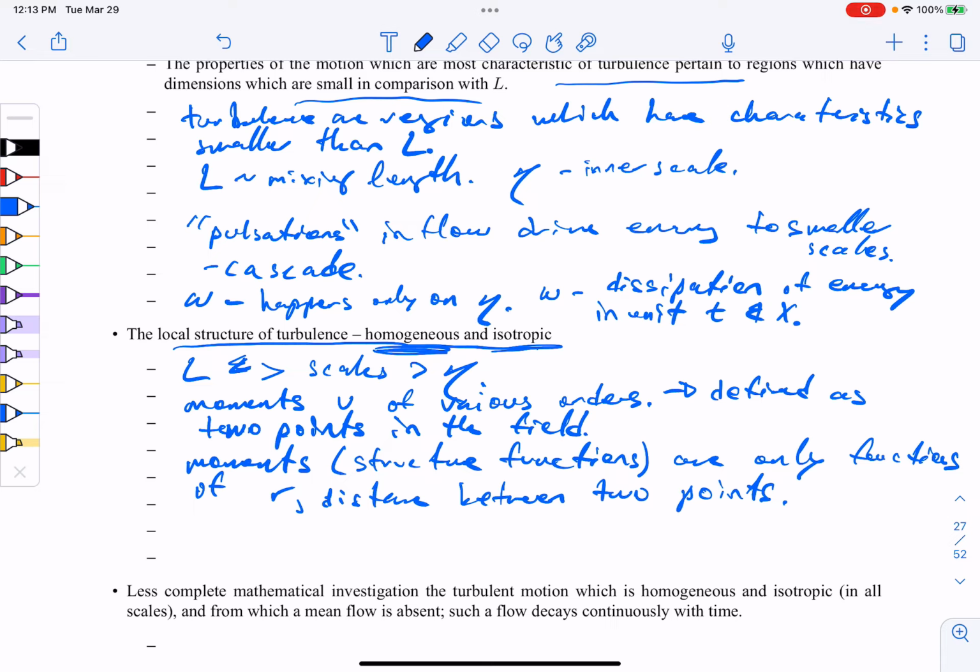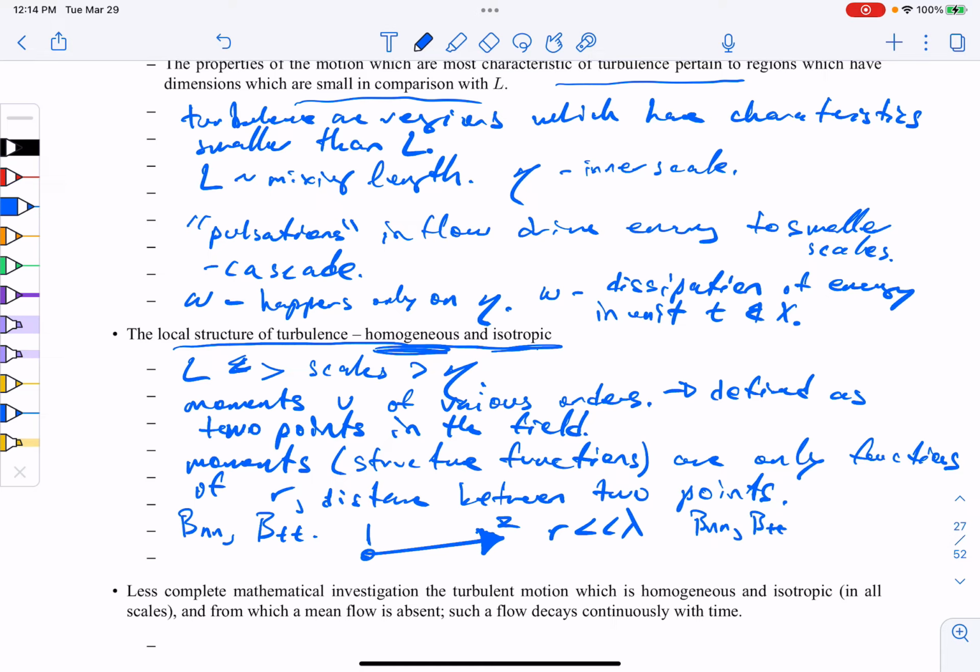And these moments, there's really 2 that are unique. One, Kolmogorov writes as BNN, and the other one is BTT, as sort of normal and transverse moments to a vector between points 1 and 2 in any points in the field. And it turns out that if r is small, maybe smaller than the Taylor microscale lambda, then these, BNN and BTT, are proportional to r squared.